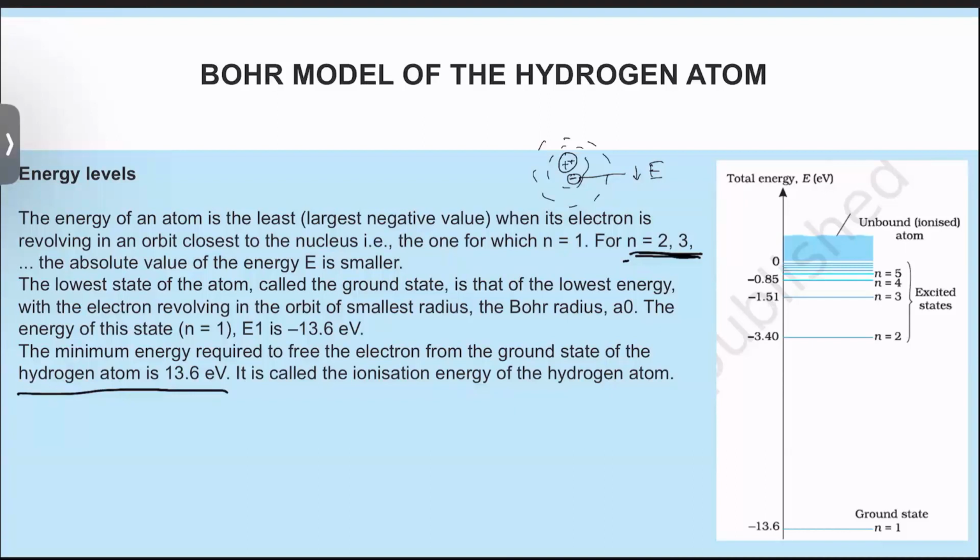So if you consider that, what this means is that if you want to excite the atom, and shift it to another energy state, say n=2, the energy of the second orbit would be E2 = -3.40 eV.